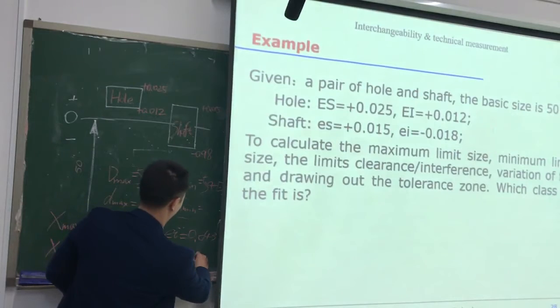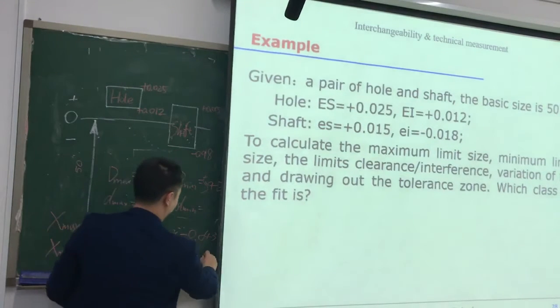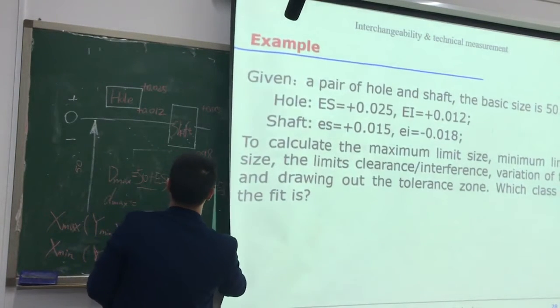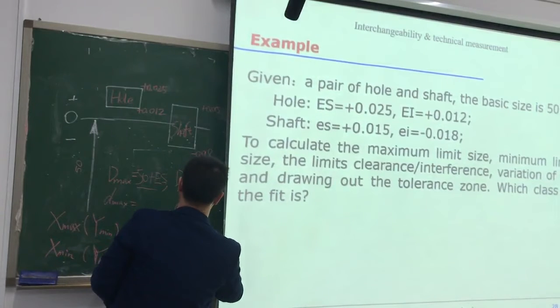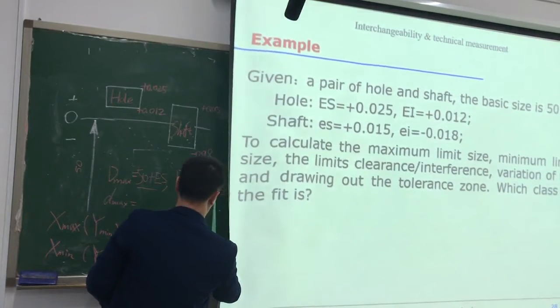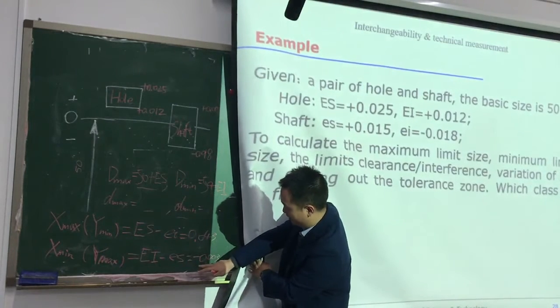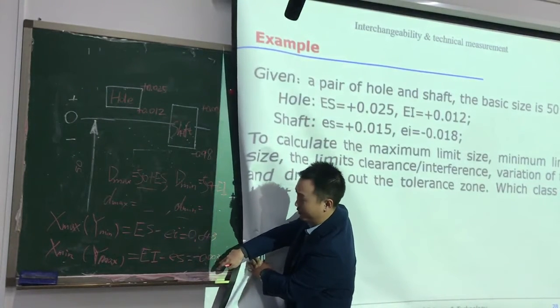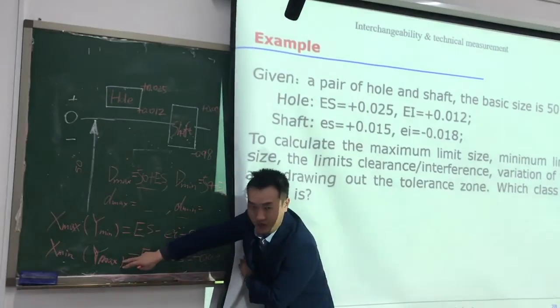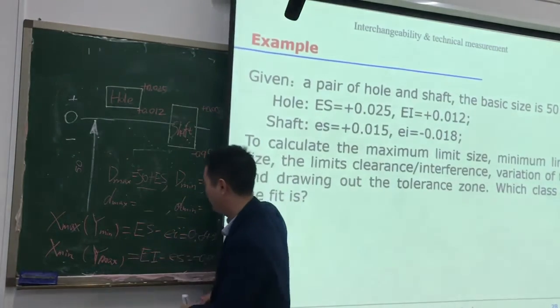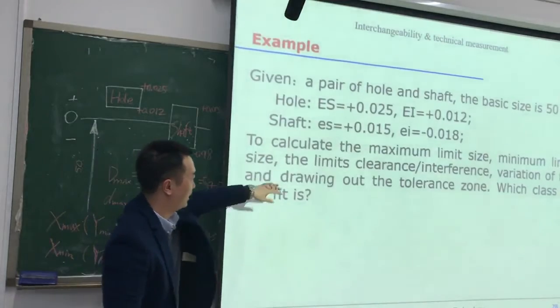We get a minus. Remember, there's a minus, and it's 0.003. Okay, we got the answer here, minus 0.003. That's our maximum interference.